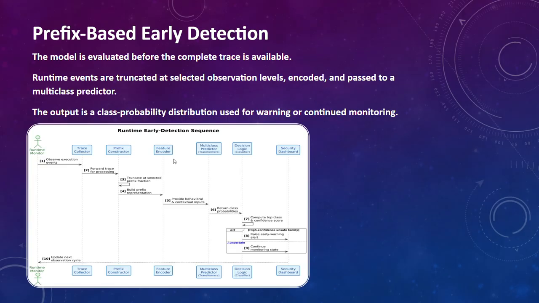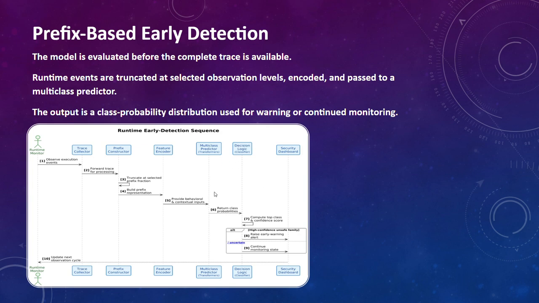The runtime events are truncated at selected observation levels, then encoded at the feature encoder level. The output is a class probability, which provides behavior contextual inputs to the multiclass prediction transformer.